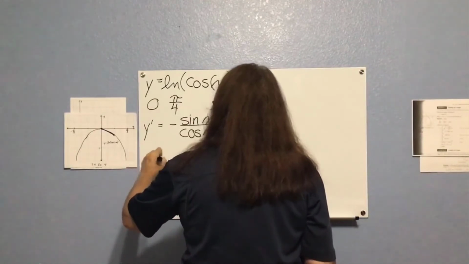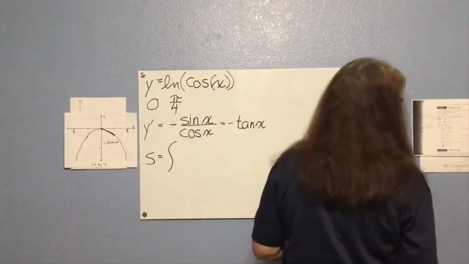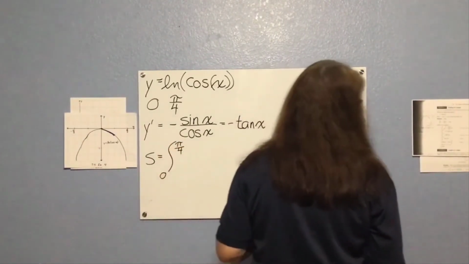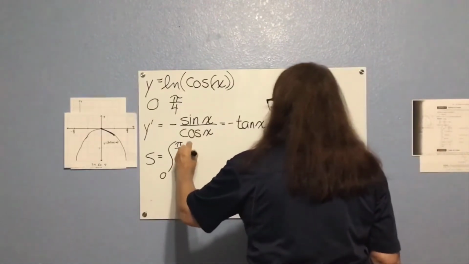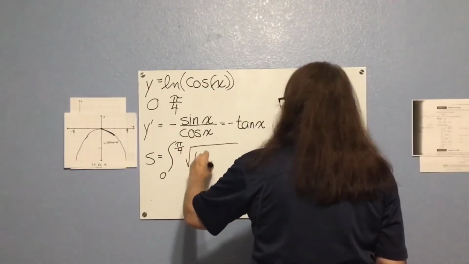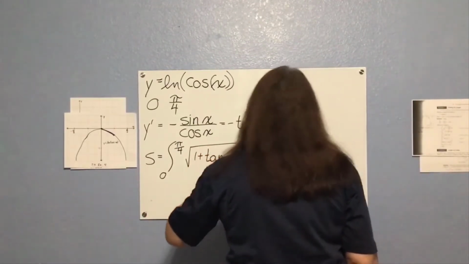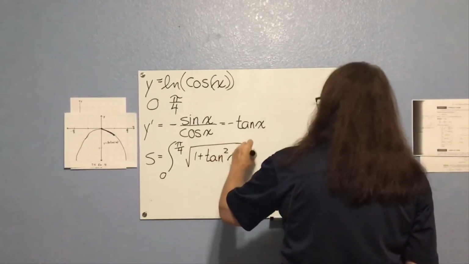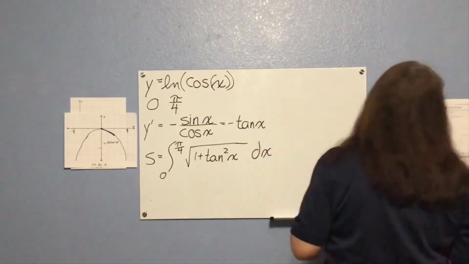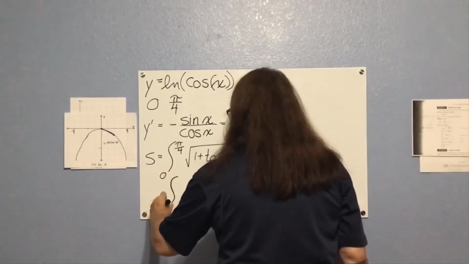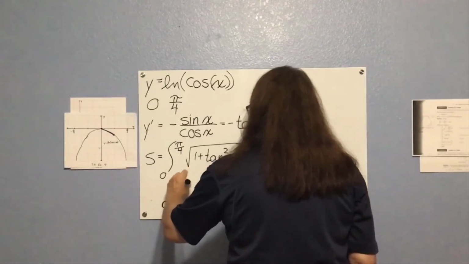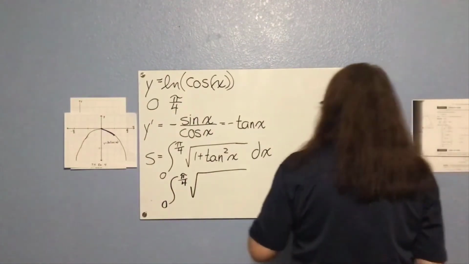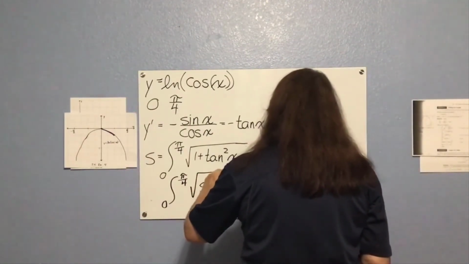So using our equation, we're going to have an integral from 0 to pi over 4 square root of 1 plus tangent squared x dx. Okay, then we'll use our trig identities and rewrite 1 plus tangent squared x as secant squared x.